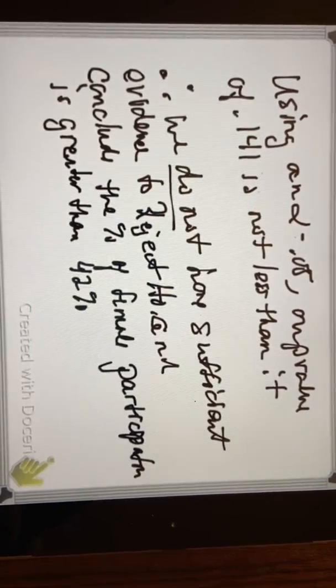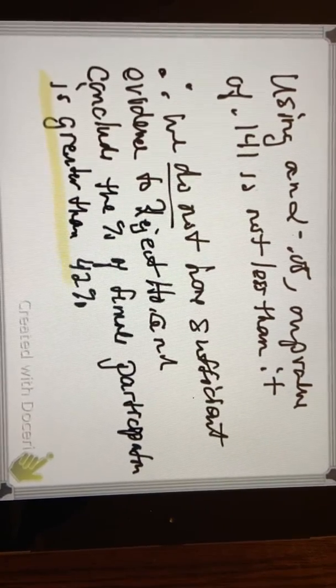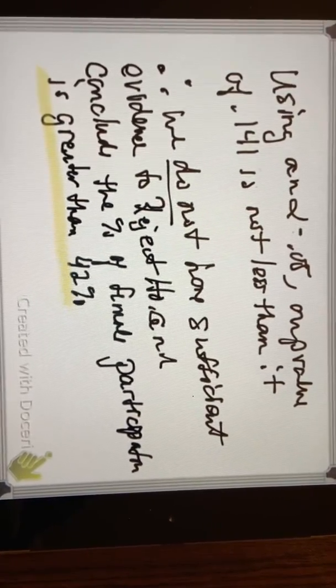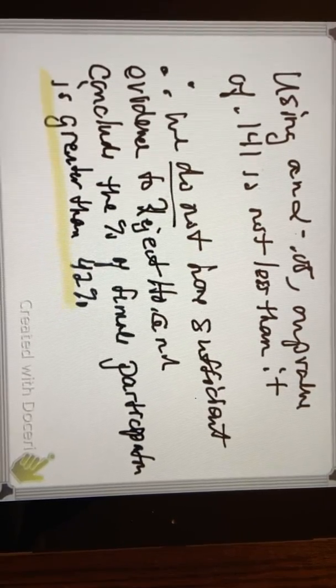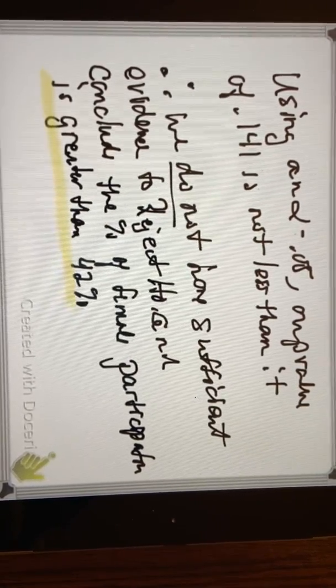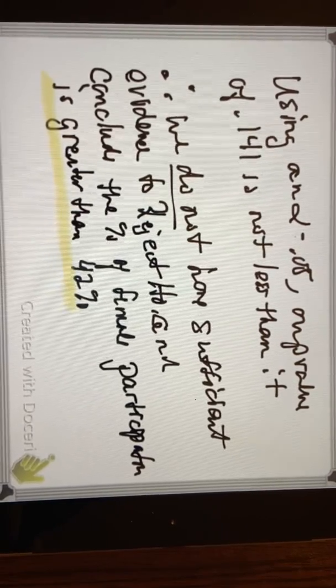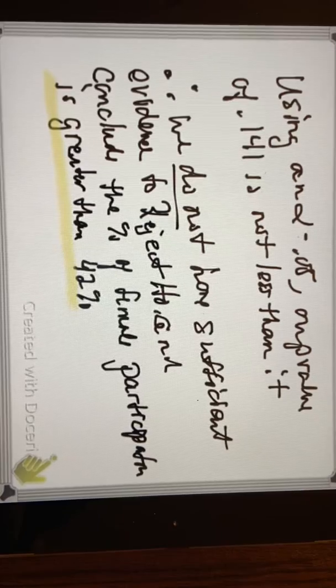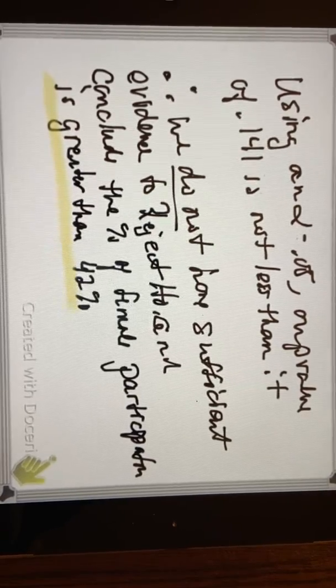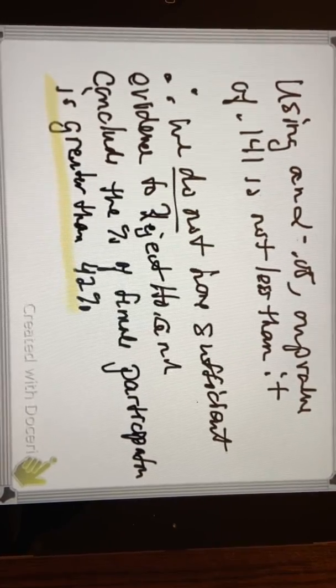So this piece right here, this is your null hypothesis. So you're either going to reject the null or fail to reject the null. So we don't ever accept the alternative. Don't say that. Just say we fail to reject or reject. Okay? And so that's our test.